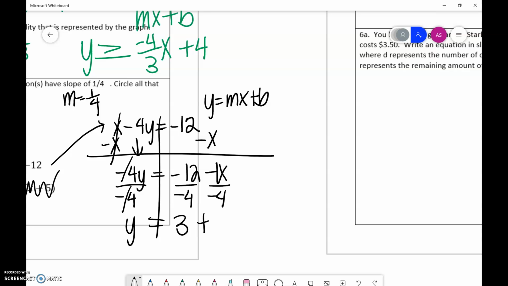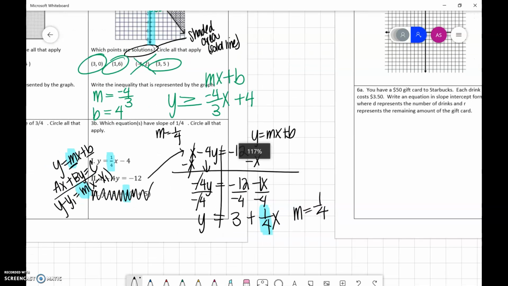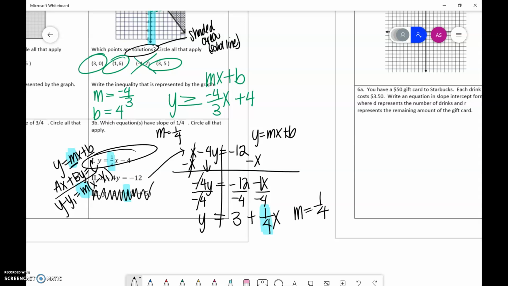So that's going to turn into +1/4 x. So when I identify my slope, again, we know the slope is the coefficient or the number in front of x when we have it in slope-intercept form. So my slope for this one is 1/4, which is what we're looking for. So our answer is going to be 1 and 2.